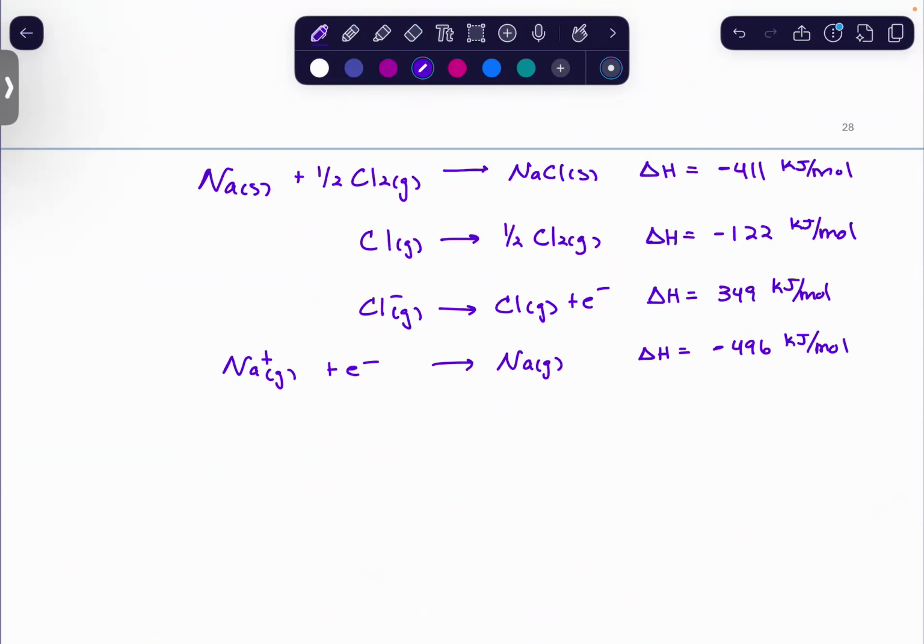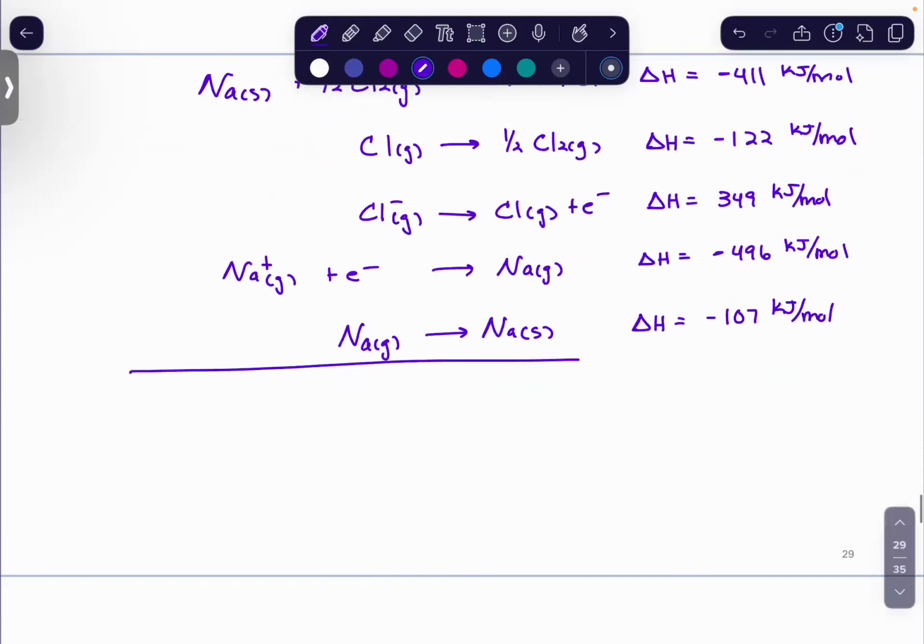kilojoules per mole. And then we need to get rid of the sodium gas, and we need to get rid of the solid sodium. So we're going to flip the atomization of sodium equation, changing its sign. So now we're going to add everything together.